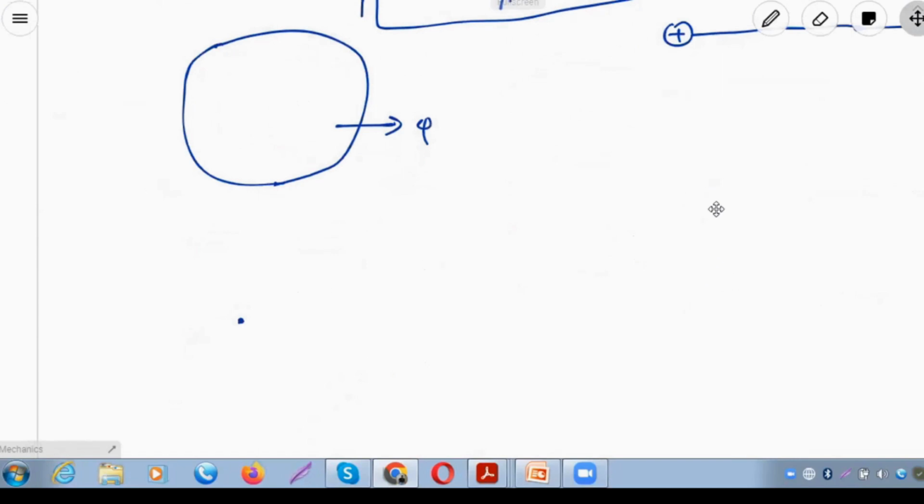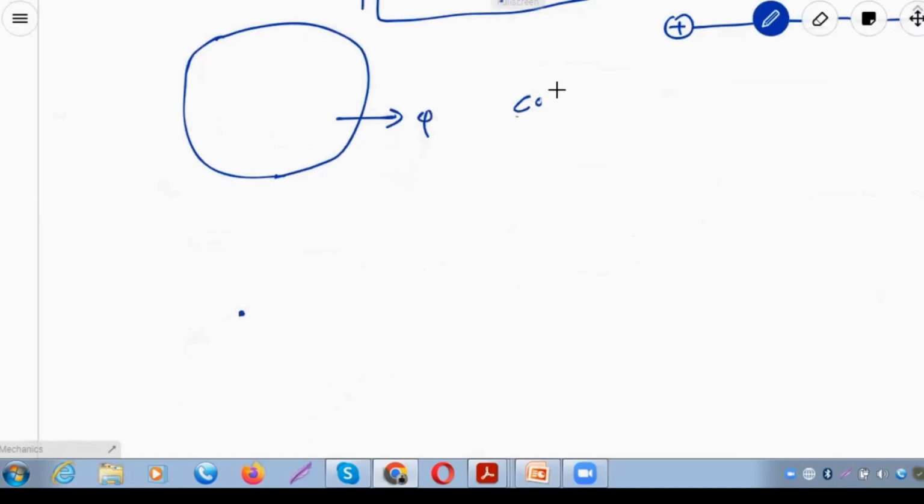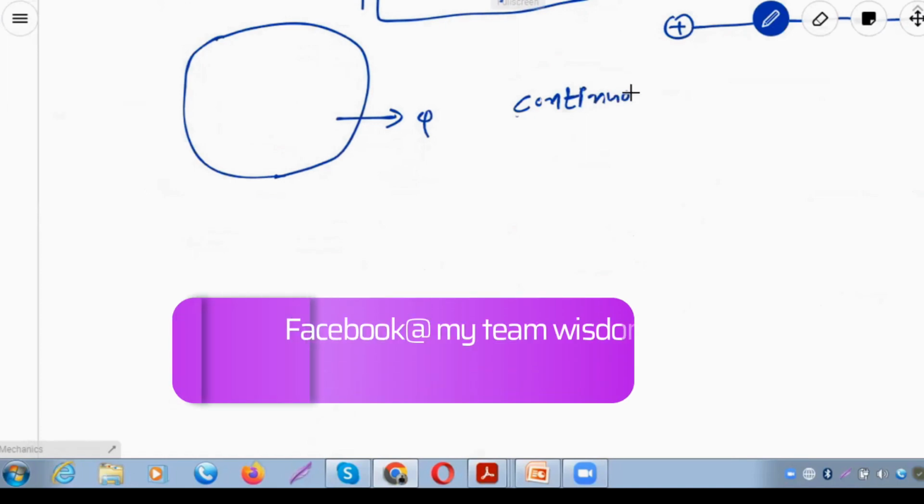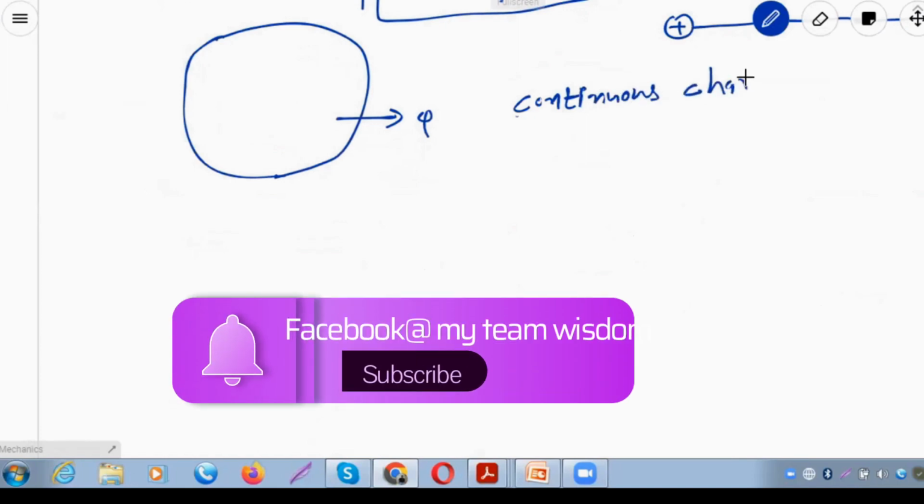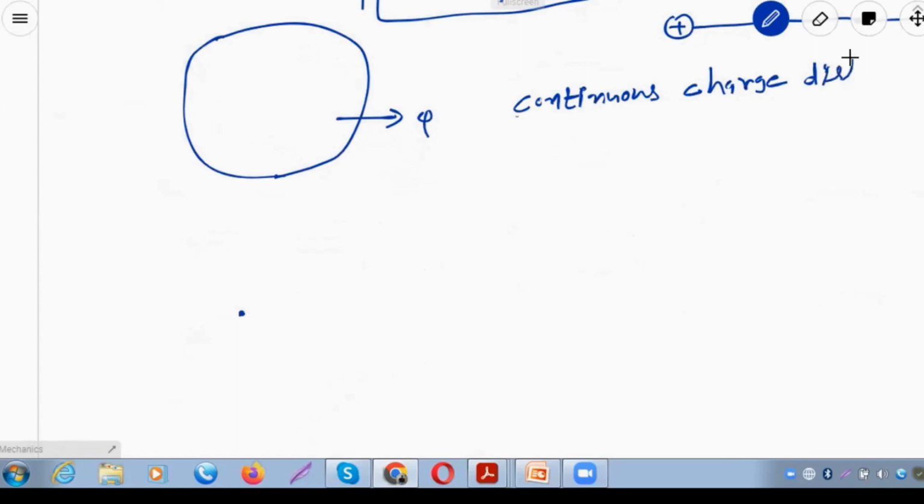Now my question is, for a continuous charge distribution, let us say it is full of charges like this. That means it is covering very small charges, right? Yes, sir. So what I am doing is, I will take some elemental charge.